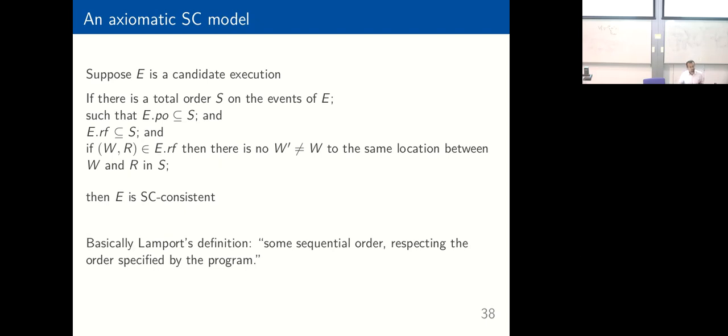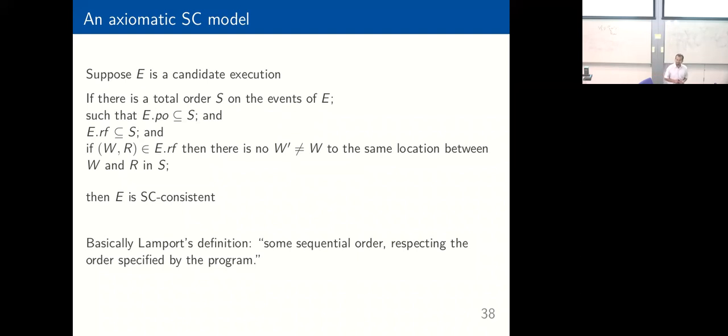Is it accurate to characterize the last part, the if W RF R and W prime, does that capture the intuition that you can't read back in time past some write? Yes, that's a good way. Does that capture the interleaving? That's exactly so. These are observations consistent with the sequential order. That's a part of Lamport's definition on the slide. Yeah, exactly so. Thank you.